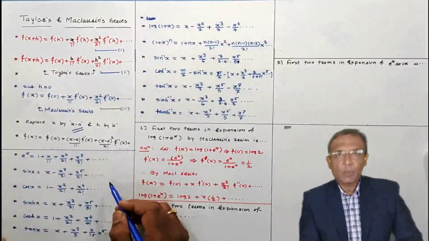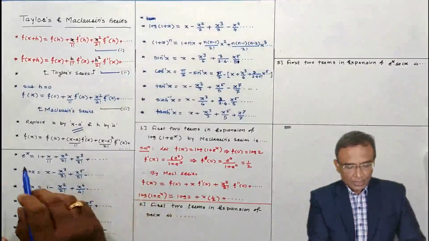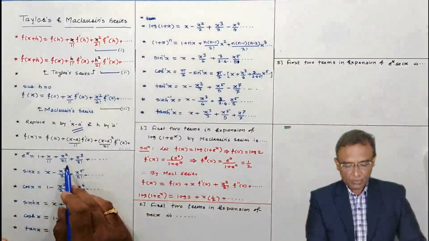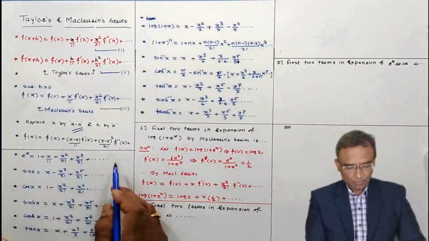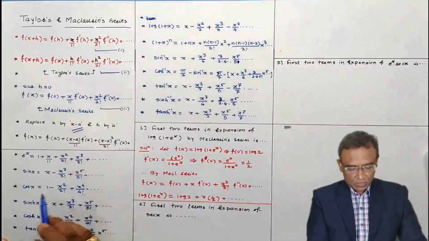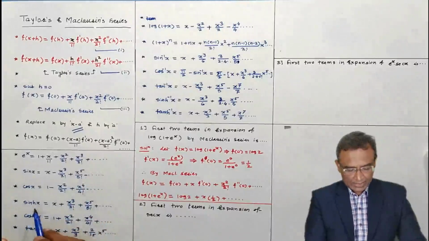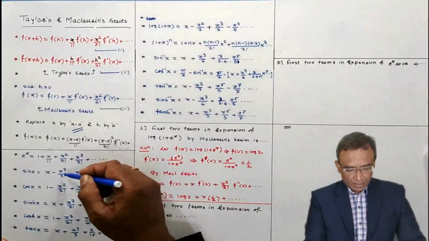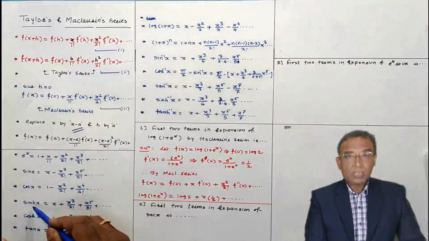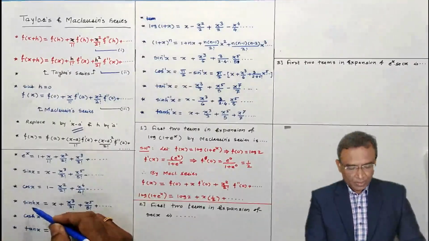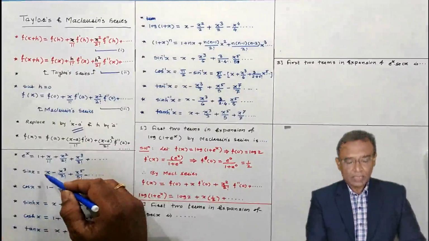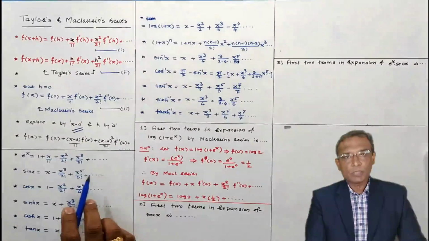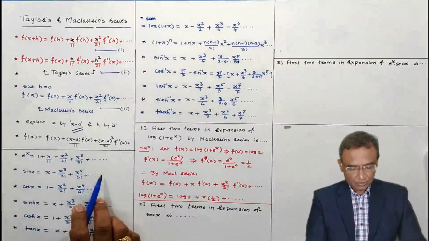Now some standard expansions also I have written: e to the power x equal to 1 plus x by factorial 1, x square by factorial 2 plus x cube and so on. Sin x is this, cos x is this, sin hx, cos hx, tan hx. Here, sin h is hyperbolic sine. And in sin x expansion, the plus minus terms occur alternately.